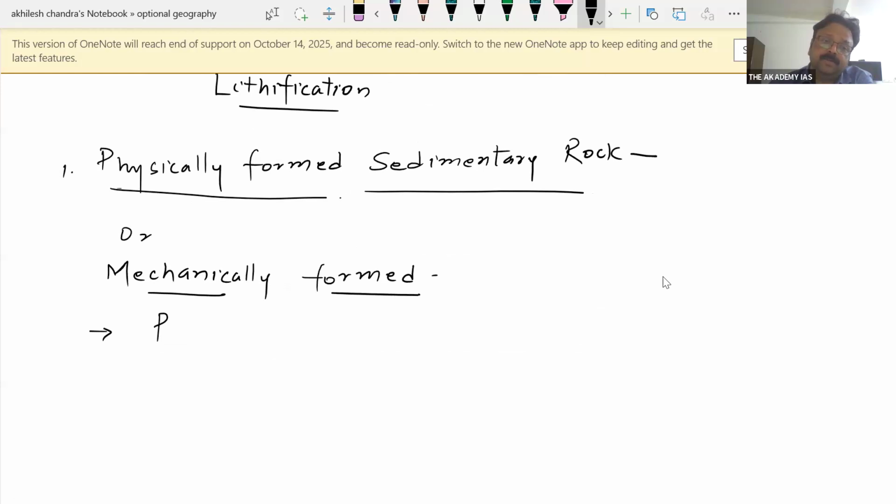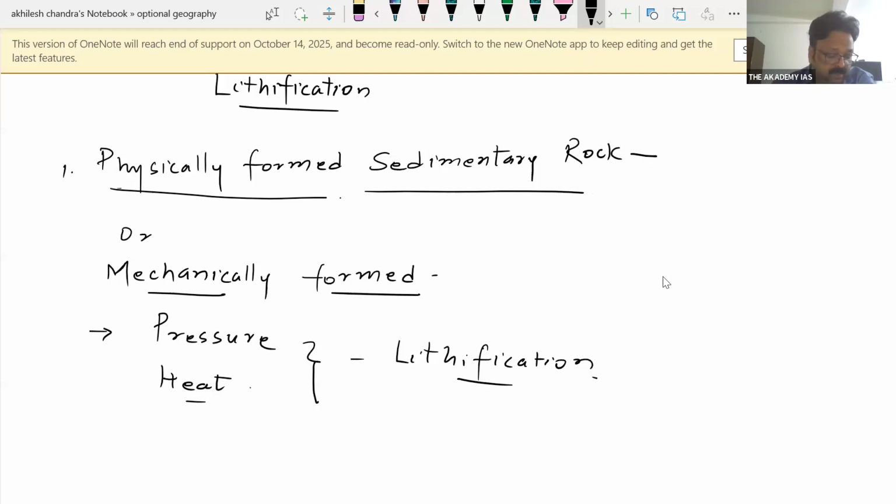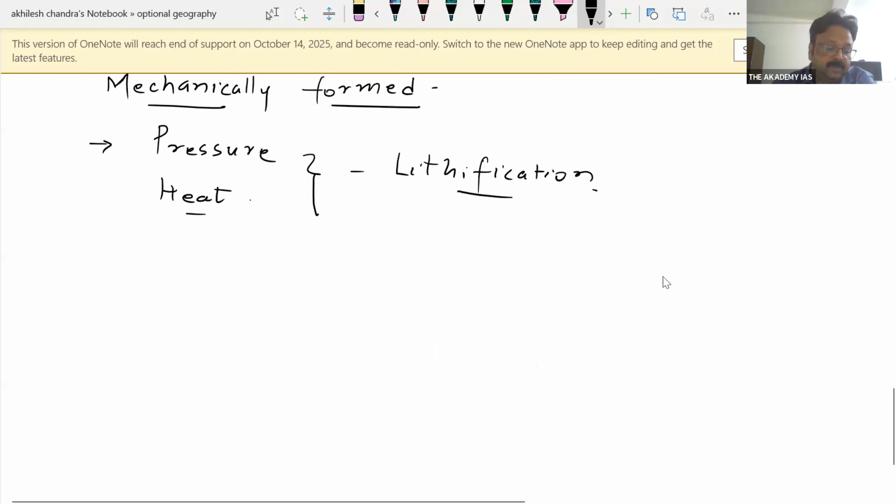It may be pressure, it may be heat or temperature responsible for lithification. And here pressure and heat is responsible for lithification.